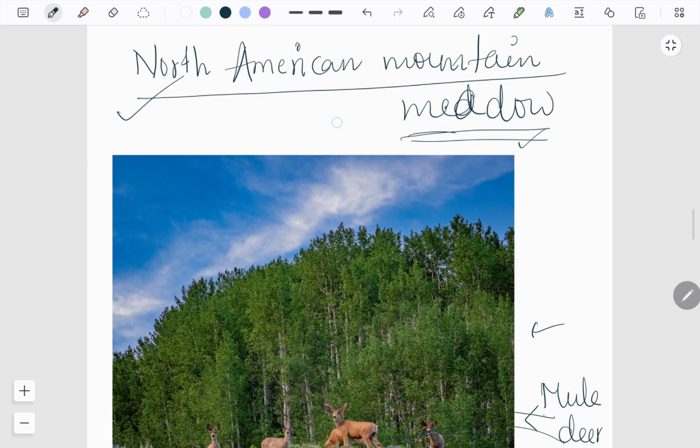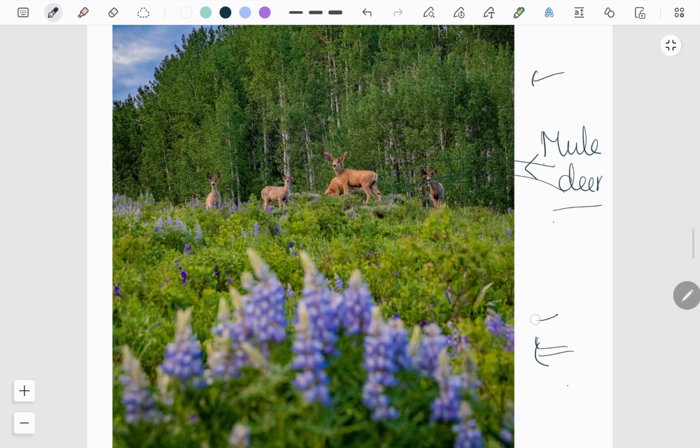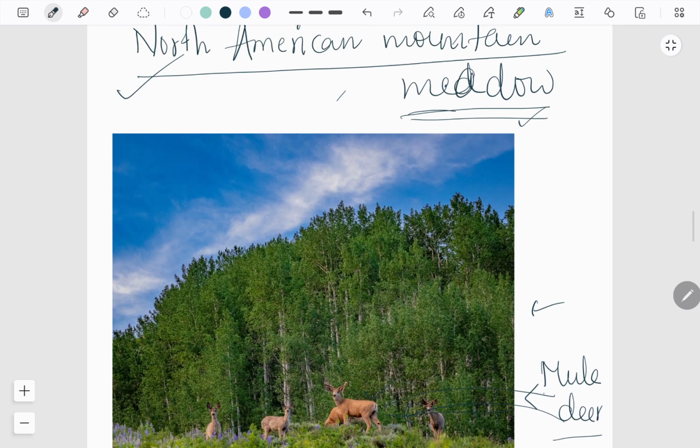So the North American mountain meadow having these lupines, wildflowers, small plants is an example of alpine tundra if you go on height. And if the height is less, you can see here the forest, right? So the North American mountain meadow is having both the biomes.